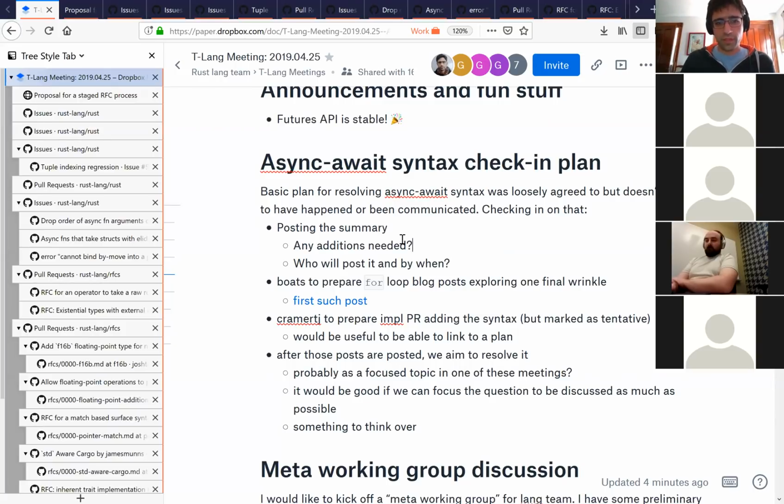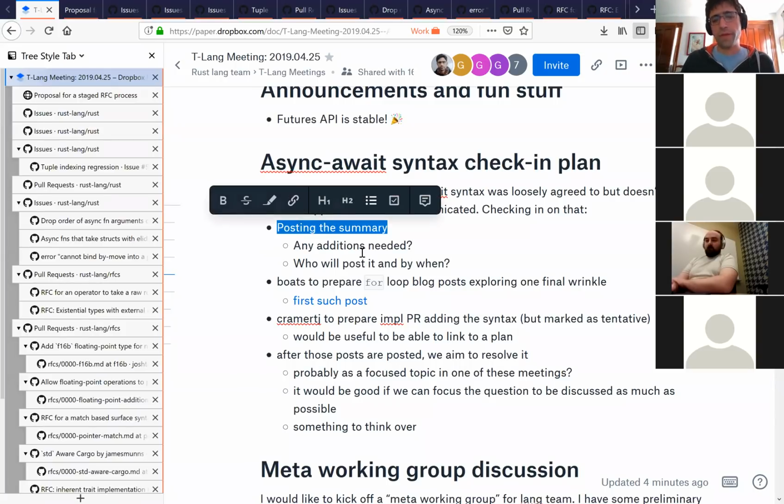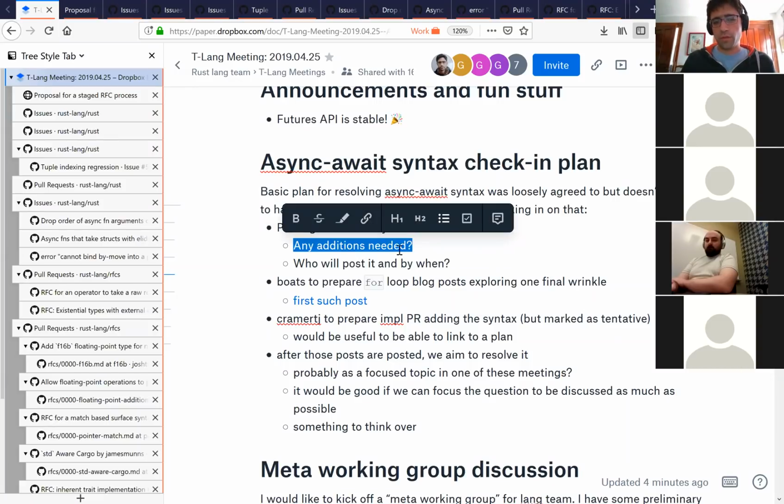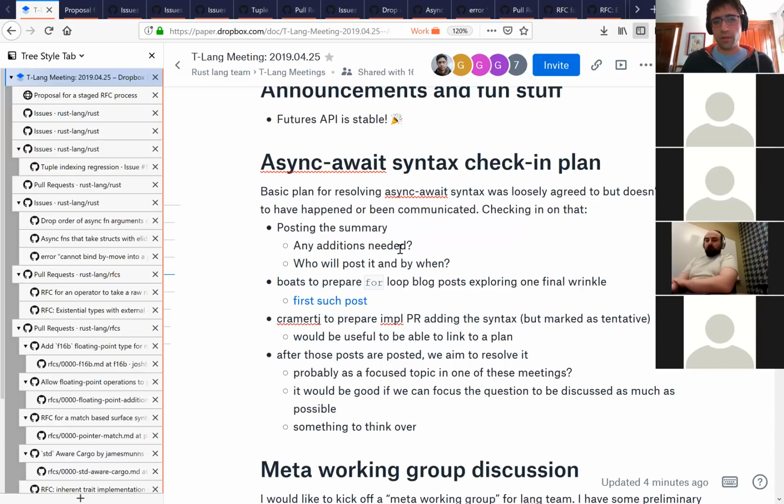But I guess the main question is for the summary. Boats, there were some additions that you had in mind for the summary, like a part that you wanted Central to write? Yeah.